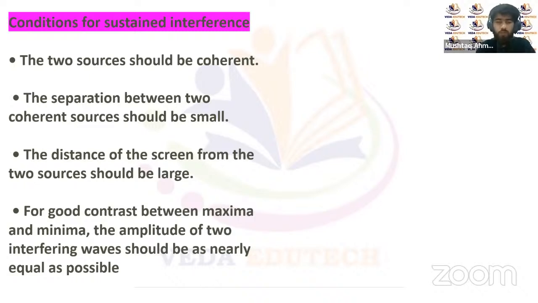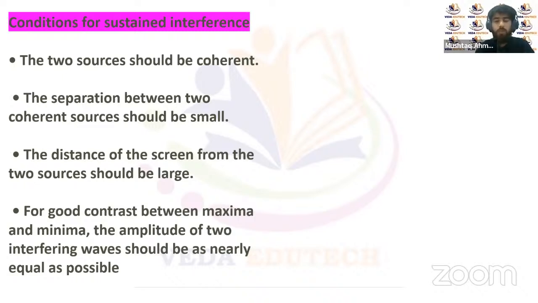So if there is a screen on which we're projecting the interference pattern, then the distance between the screen and the two sources should be very large so that we can sustain the interference, right? And for good contrast, or good separation between the maxima and minima, the amplitude of the two interfering waves should be equal as nearly as possible.